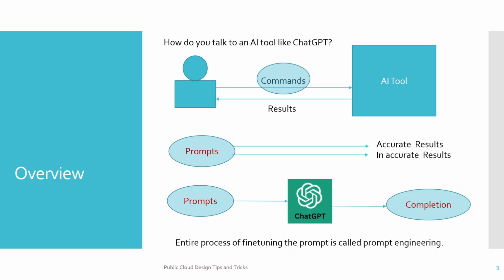So you deal with commands to talk to an AI tool, and the AI tool gives you results based on those commands. To make those results more accurate, you have to work on your prompts, and that fine-tuning of prompts is called prompt engineering.